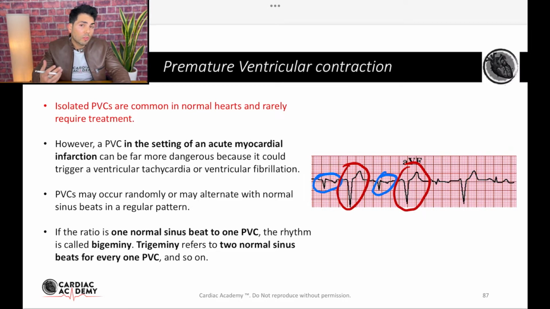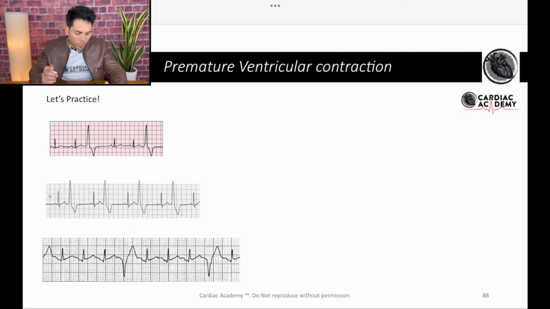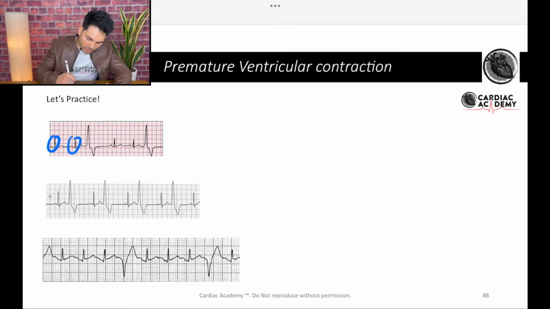But we can also find different PVC to QRS ratios, okay? Let's try to guess the names of these ones. Here we have normal, normal, and then one PVC, then normal, normal, and then one PVC.